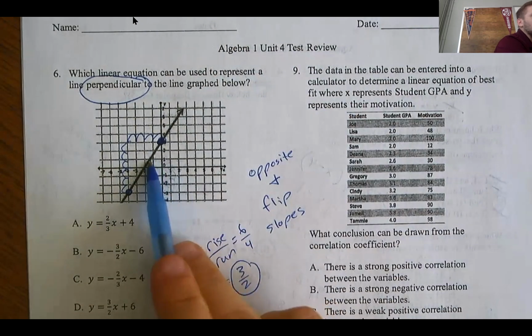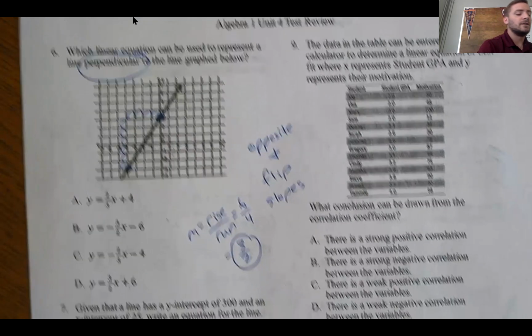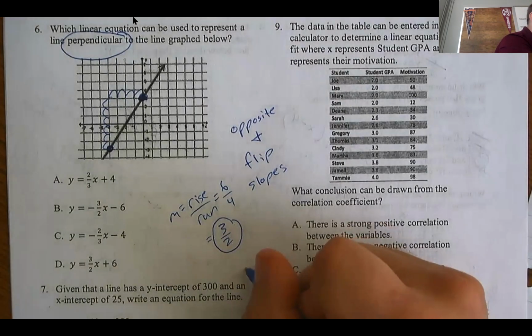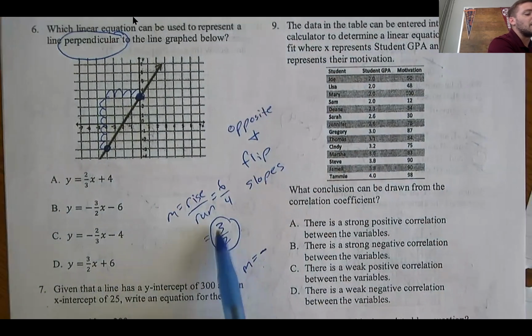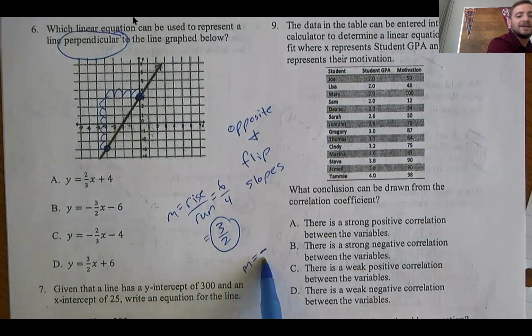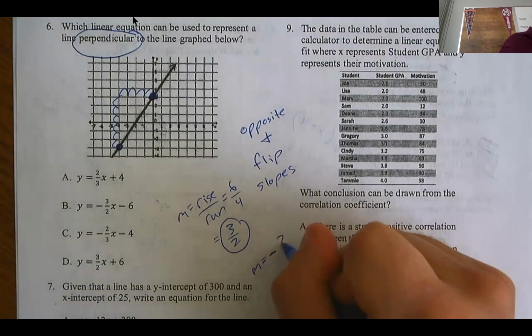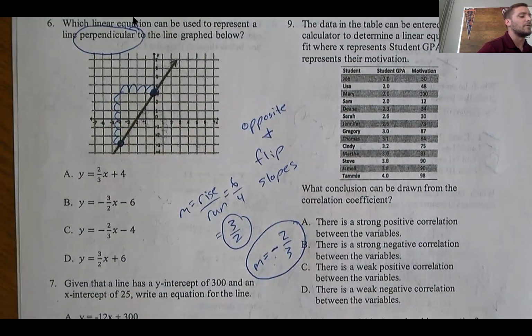So the slope of this line is 3 over 2, but we want to make the perpendicular line. So I need to take the opposite and the flip of this slope. Opposite means since this is positive, our slope needs to be negative. And then we need to take 3 over 2 and flip it to 2 over 3. So the slope of the line that's perpendicular is going to be negative 2 over 3.